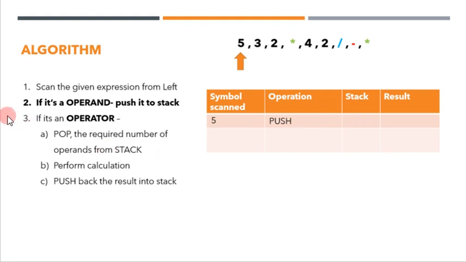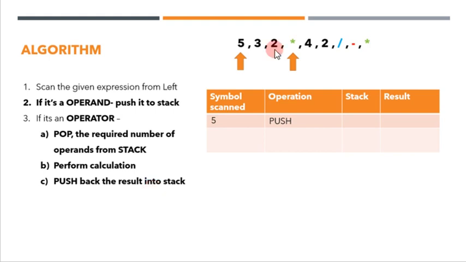Cool. Now next, step number 3: if you find an operator, what should I do? Pop the required number of operands from the stack, perform a calculation, and push back the result into the stack. Now what does that imply? Look here, if I encounter an operator like multiplication, what does the algorithm say? Pop the required number of operands. You can see we are pushing all the operands into the stack. Now you have to pop 2 operands in case you are encountering a binary operator.